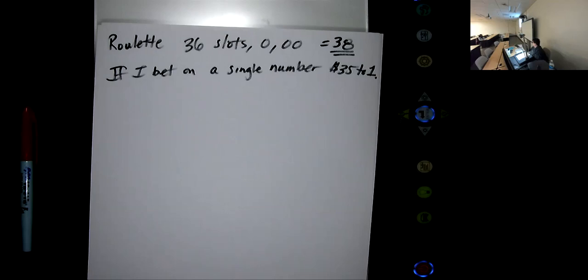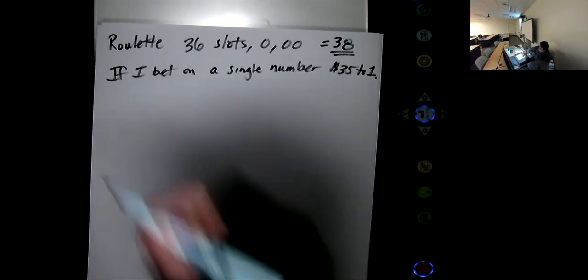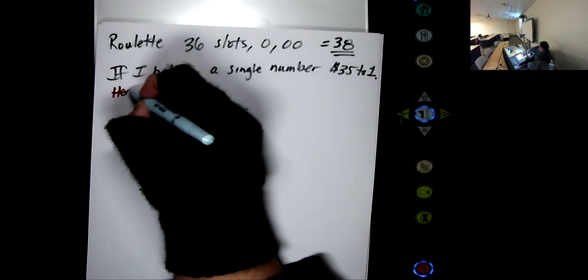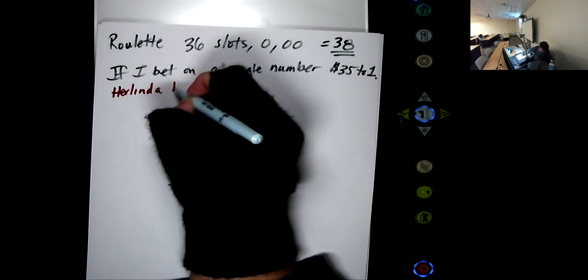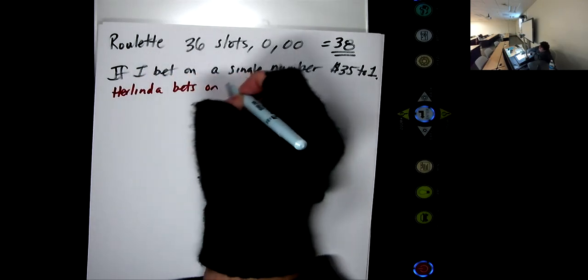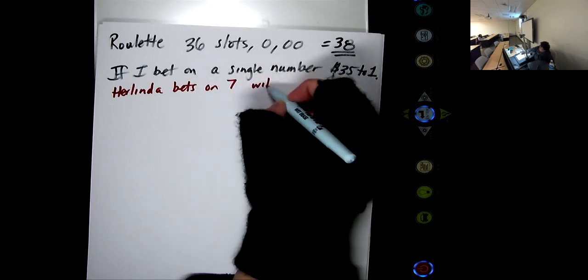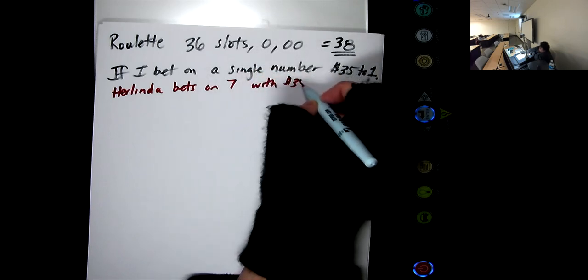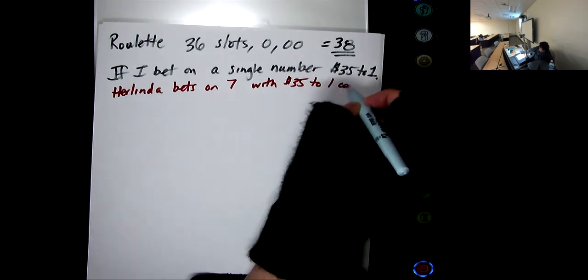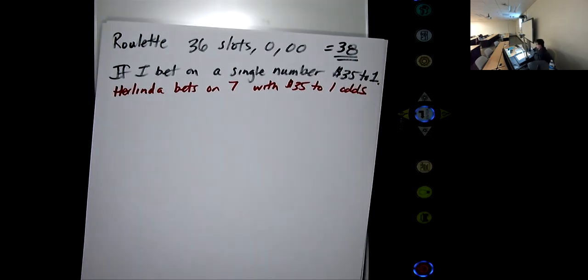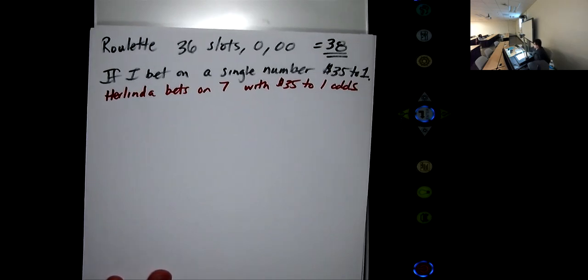Linda, what's your favorite number between 1 and 36? Let's go with 7. All right, so Herlinda bets on 7 with 35 to 1 odds. We're going to come up with the probability distribution model here and figure out what the mean value is.